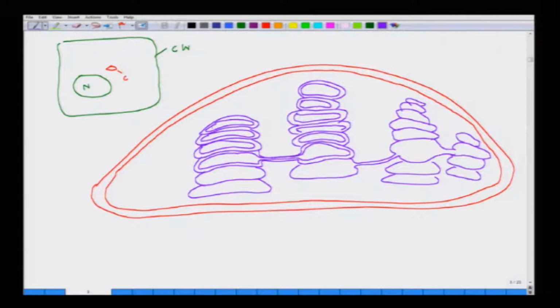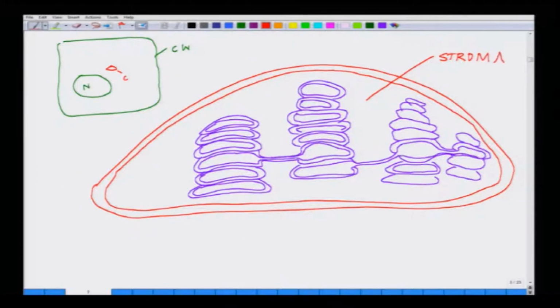There is empty space. What you are seeing in this picture, this empty space, is called the stromal space, the stroma.